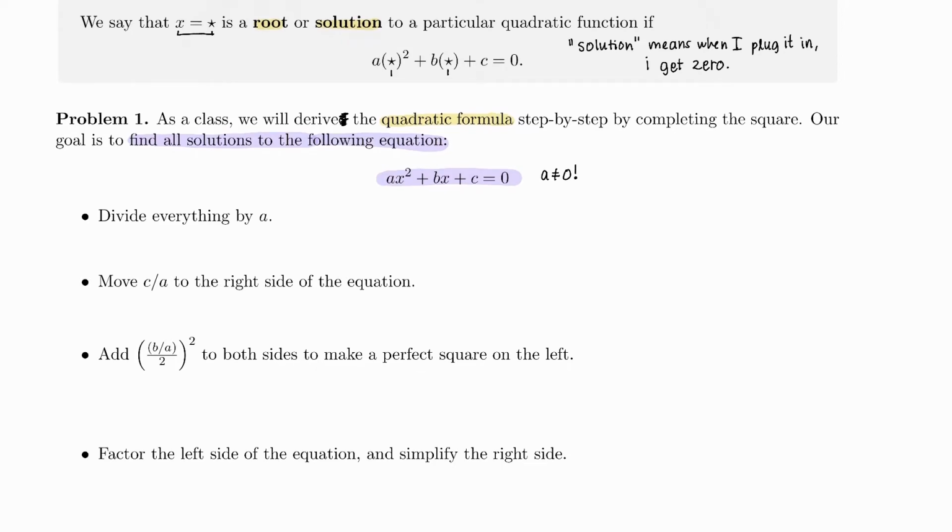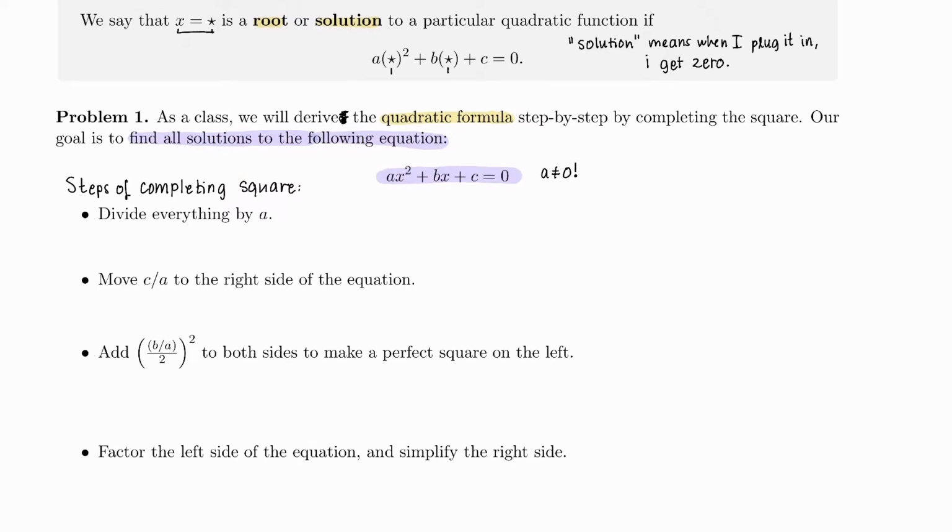I'm going to go step by step, following the steps of completing the square. First, we divide everything by the leading coefficient, which is a. When I divide ax squared by a, I get x squared plus b over a x plus c over a equals 0, since 0 over a is just 0.